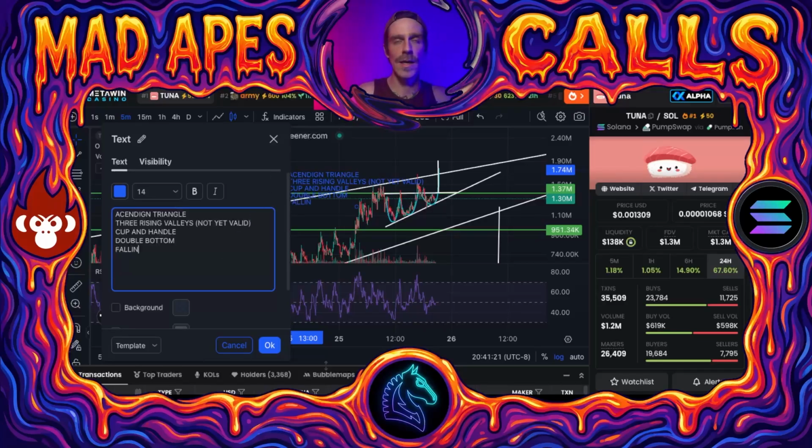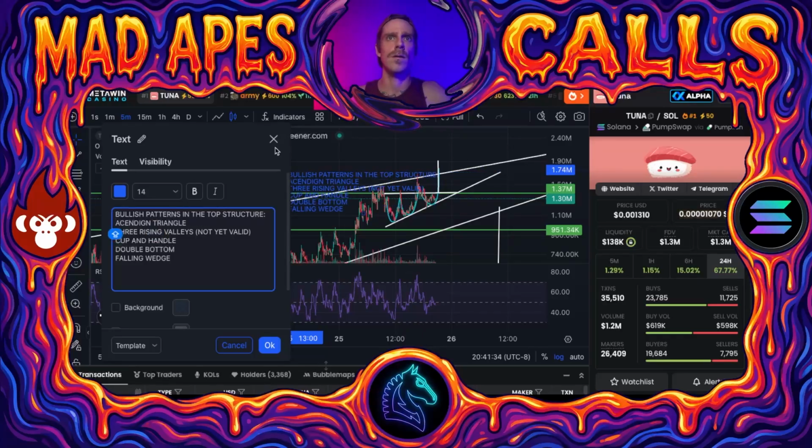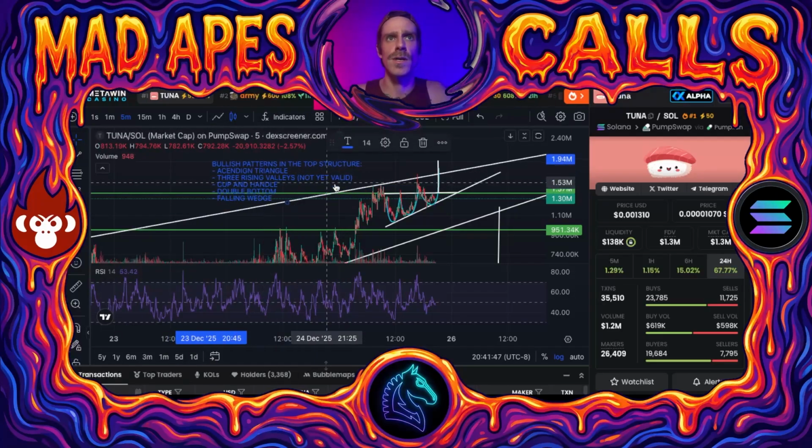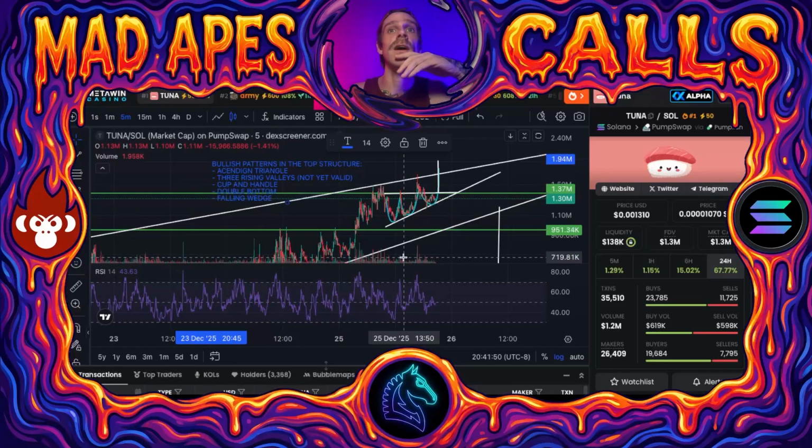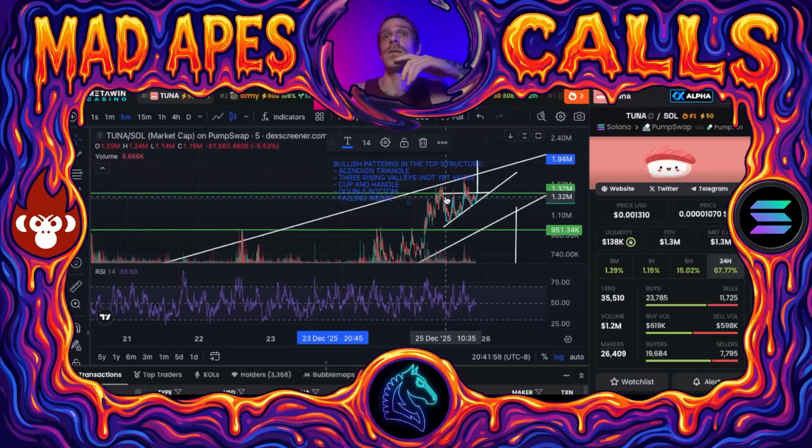Oh yeah, falling wedge, which I took the markings off. So that is just a bunch of bullish confirmation right here. All these one, two, three, four, five patterns I see in this zone that's flirting with this upper trend line. It's flirting with the all-time high also.